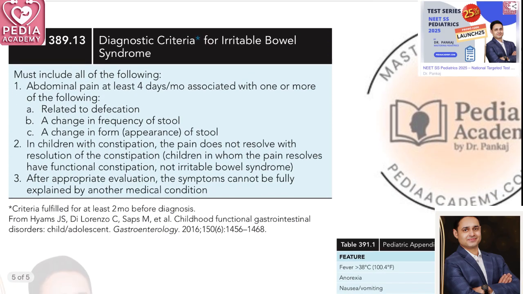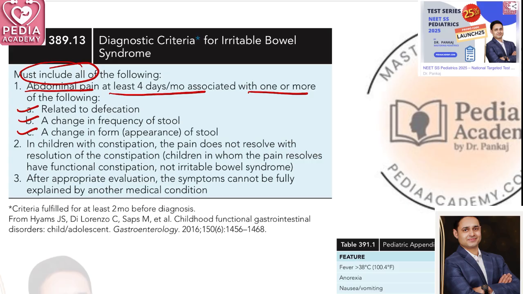Similarly, the diagnostic criteria of irritable bowel syndrome. In this, it must include all of the following. What are all of the following? Abdominal pain in children, at least 4 days per month, associated with one or more of the following: related to defecation, change in frequency of stool, change in form or appearance of stool.